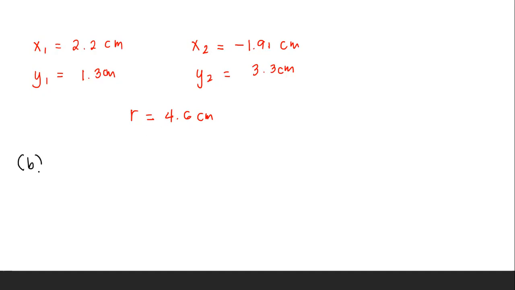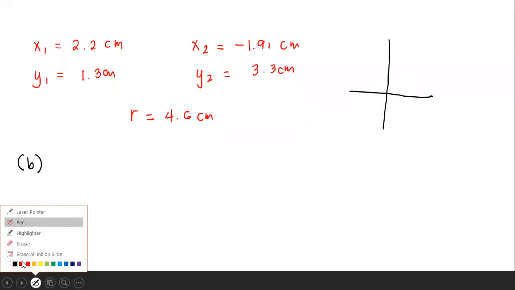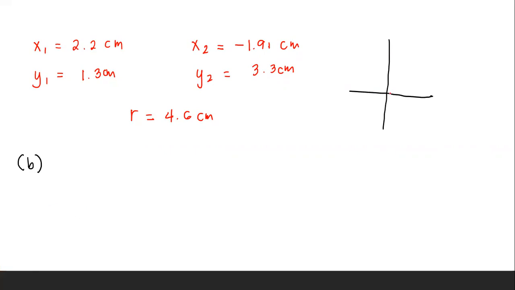Letter B. Now, for the mathematical method, again, for the figure, we have R1, 2.5 centimeter, 30 degrees.